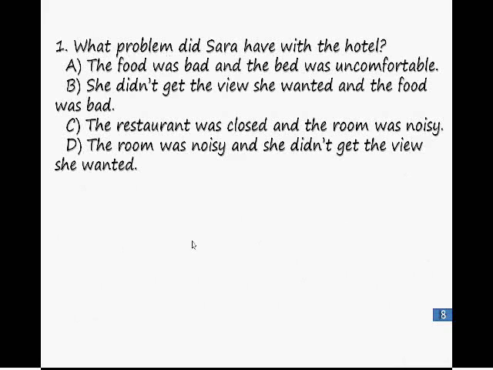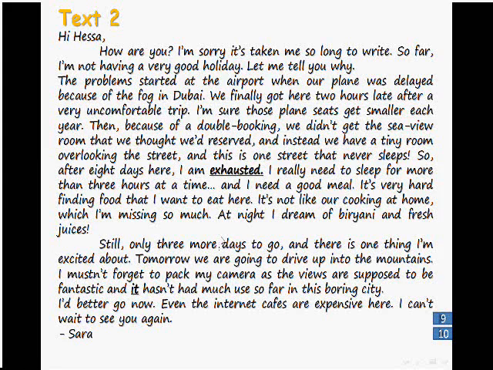Number 1. What problem did Sarah have with the hotel? So you have here Sarah and the problem, and of course the hotel. So we go back to the text, and we are going to very quickly skim through the text, and you'll find the word problems from here. Okay, you just scan through this part of the letter and try to find the problems in the hotel.